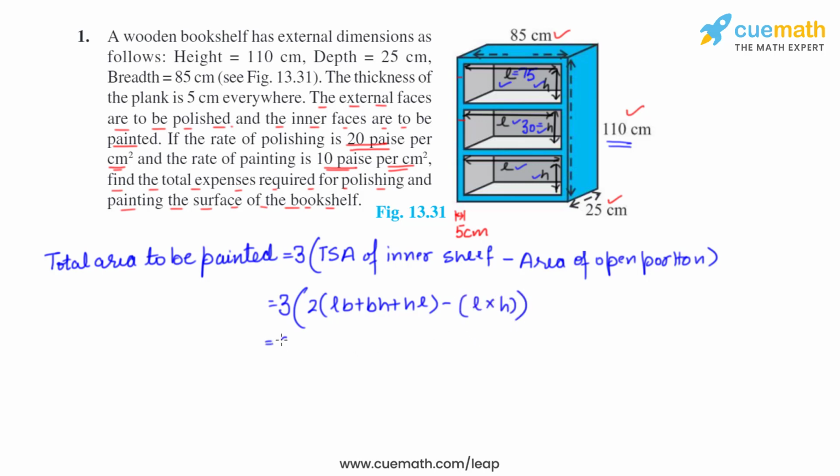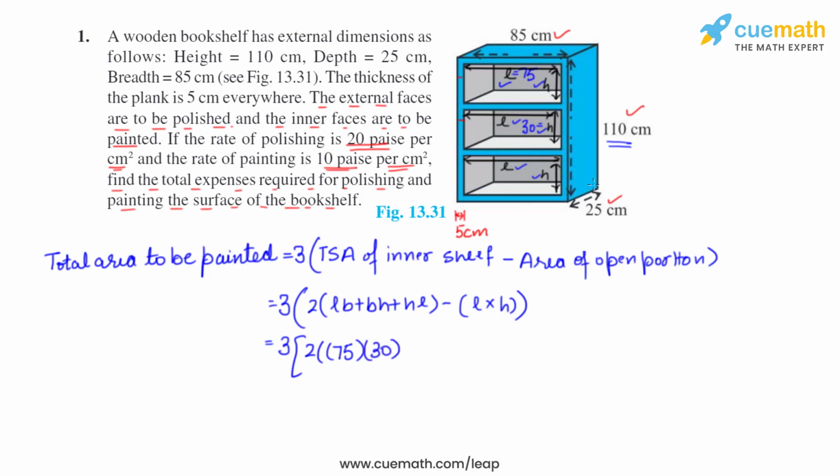Substitute the values. 3 times 2 into (LB is 30 into 75. The length is 75 and height is 30. It means 75 into 30.